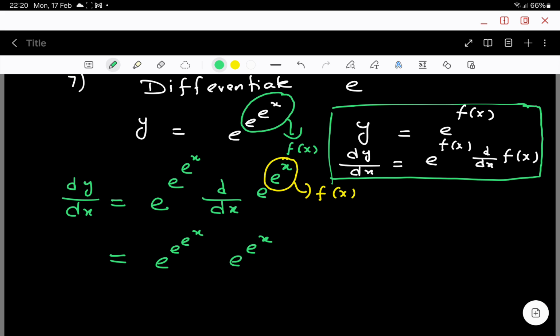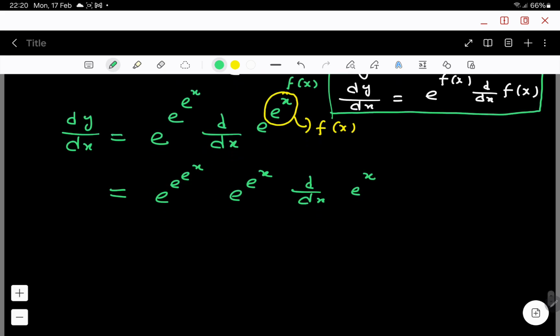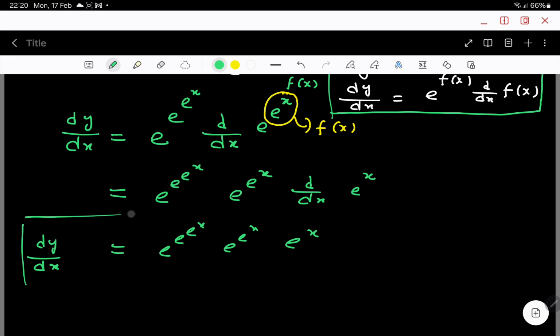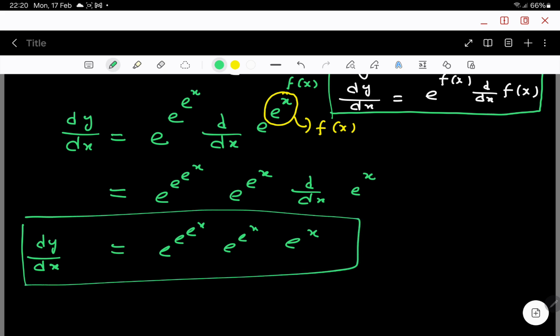In this e power x, what is f of x? x. So d by dx of e power x. What is d by dx of e power x? e power x. So we get the answer as e power x into e power x into e power e power x. This is the answer for the differentiation.